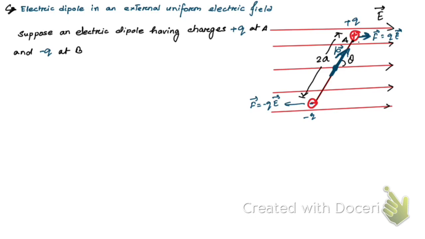Let me draw the diagram clearly. Here this plus q charge is at the point A and the minus q charge is at the point B.